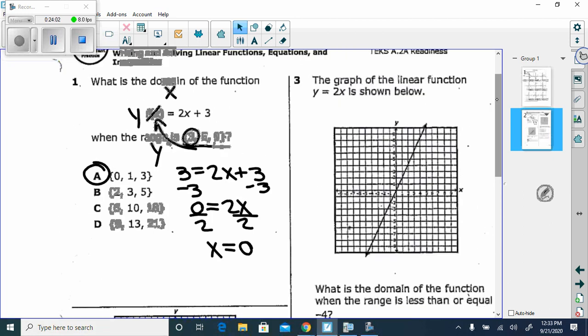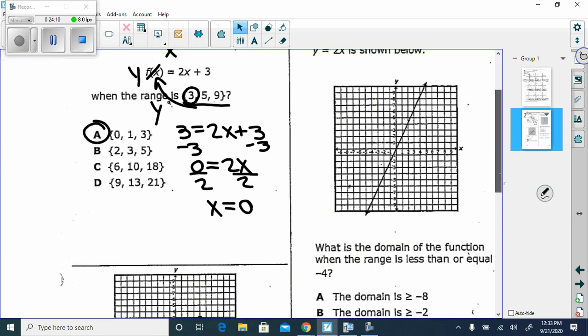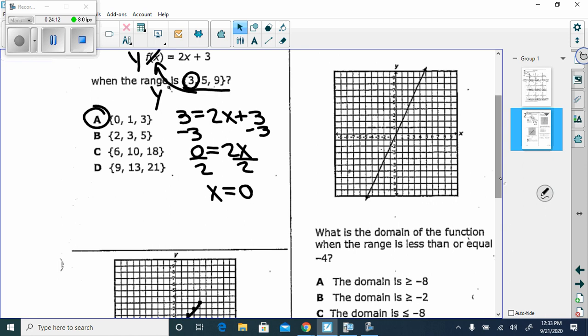Okay. Number 3 says, if the graph of the linear function y equals 2x is shown below, we've got our picture here, and they say, what is the domain? Domain is my x of the function when the range y is less than or equal to -4.